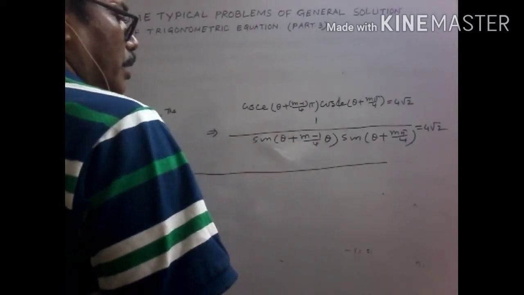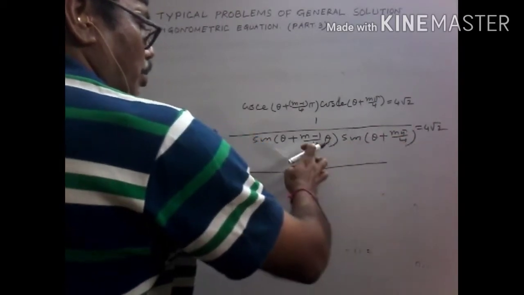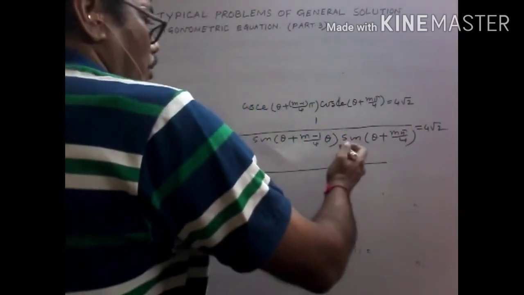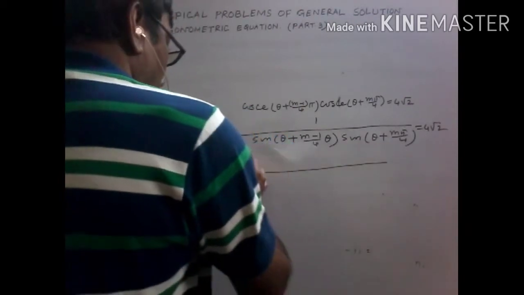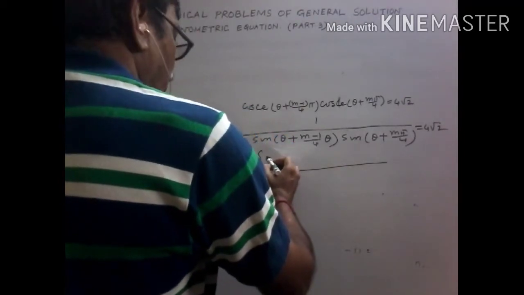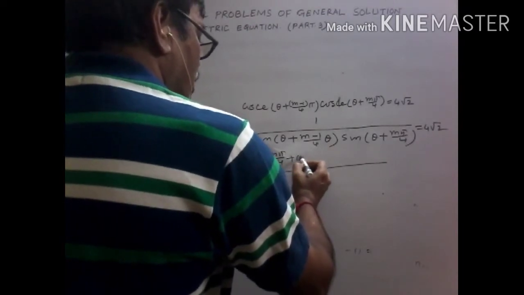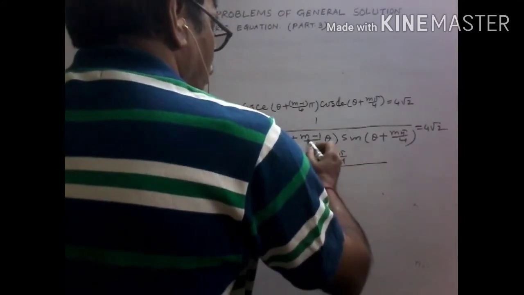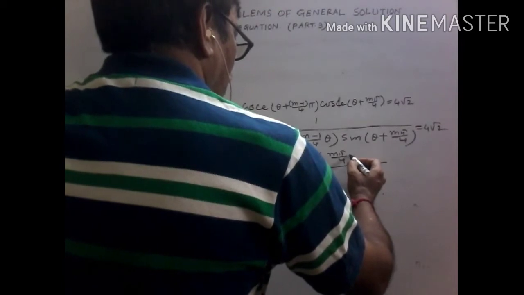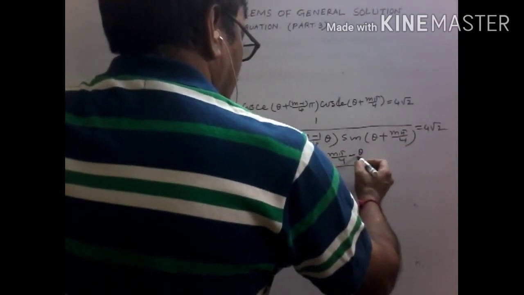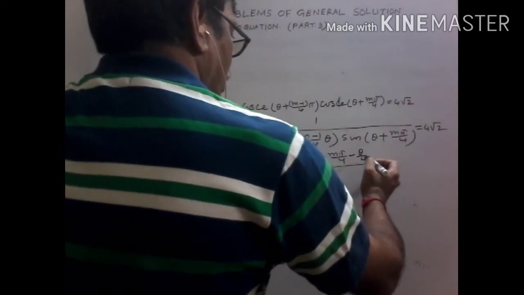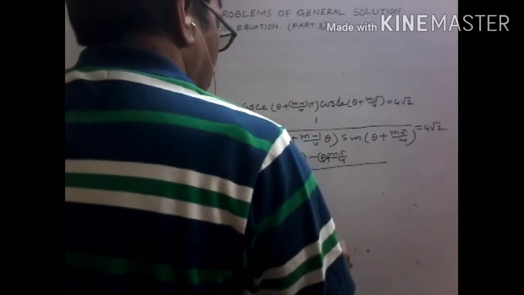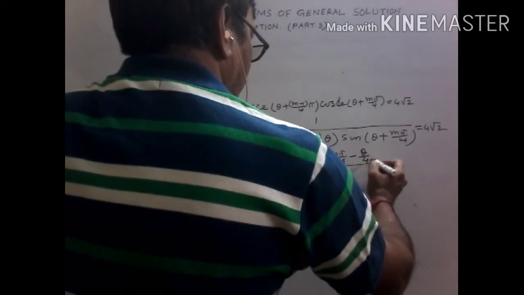So what we are getting, write the numerator in this form: mπ/4 + θ, this is A, and θ + (m−1)π/4.